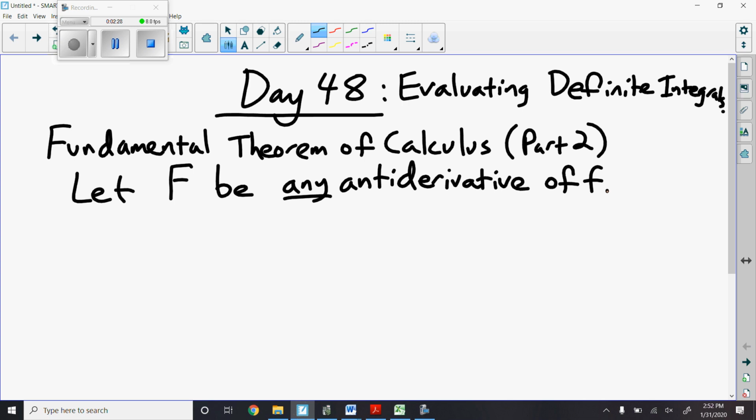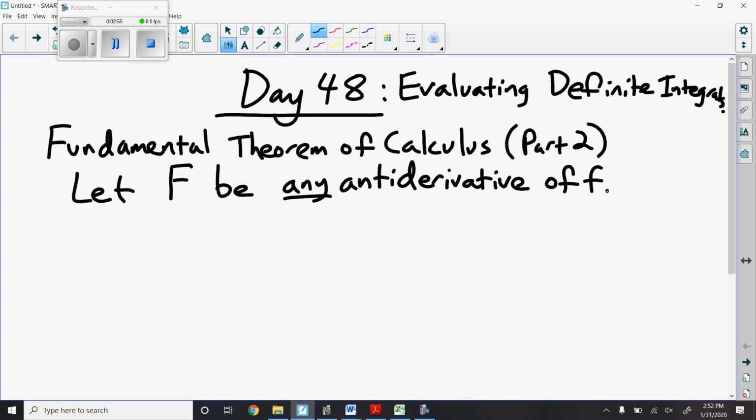And when we say any, we know from indefinite integrals that for every antiderivative we do, there's infinitely many of them. That's why we do the plus c. But we can let capital F be any antiderivative. To make this easy, we're going to choose the antiderivative with our c equaling 0.